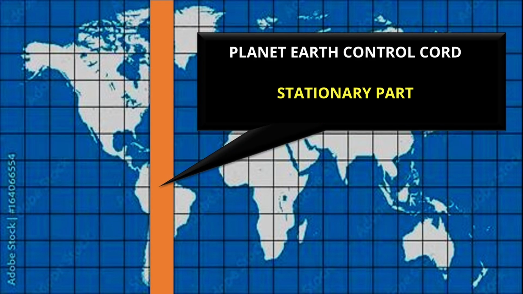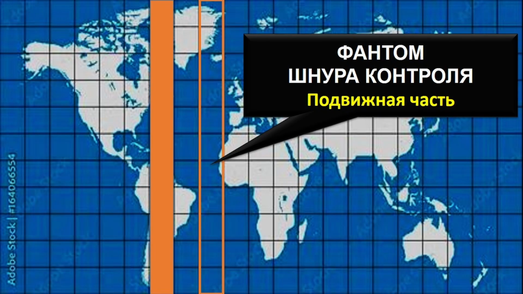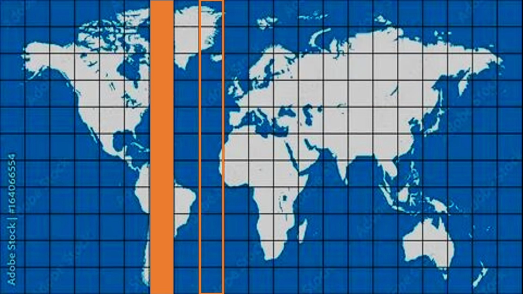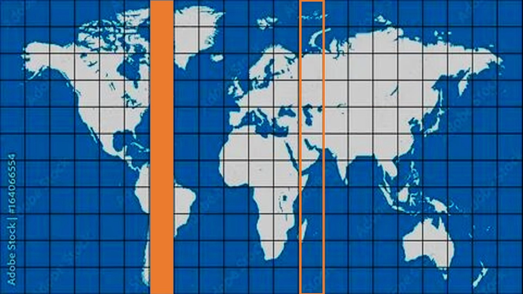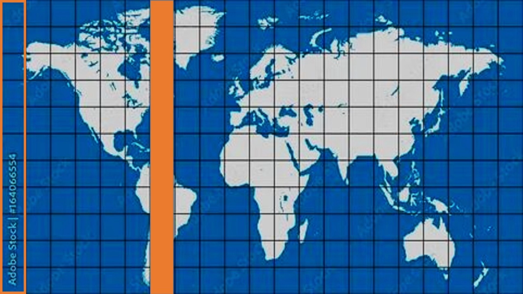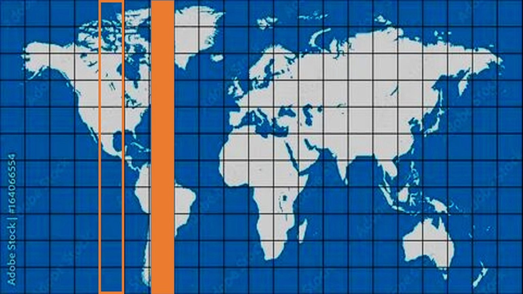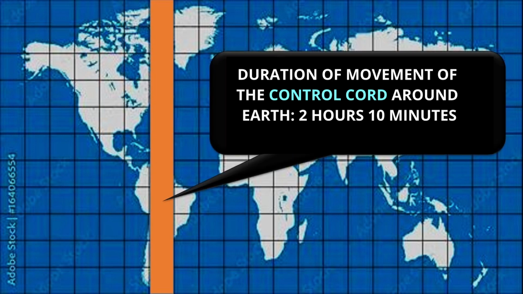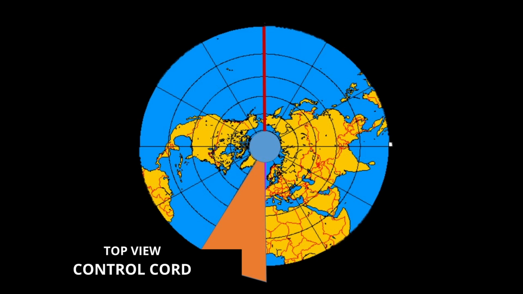A control cord produces complete control of the human habitat in 2 hours and 10 minutes, making a complete revolution around the Earth during this time. The collected information allows for frequency correction of the environment from a depth of 2,200 meters to a height of 12,400 meters within a few hours, creating ideal conditions for the existence of humans and other biostructures.